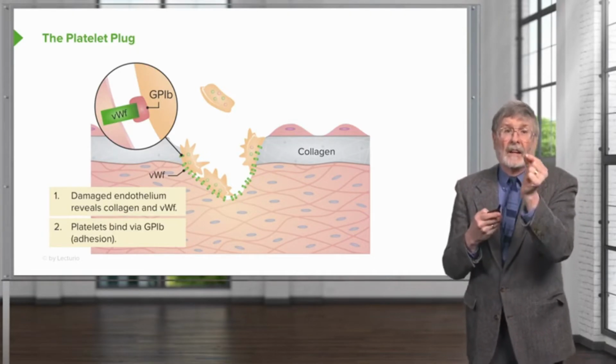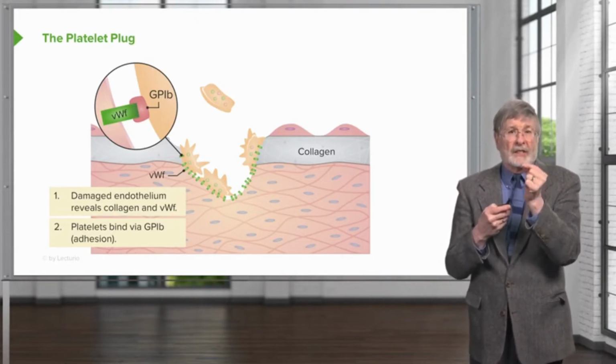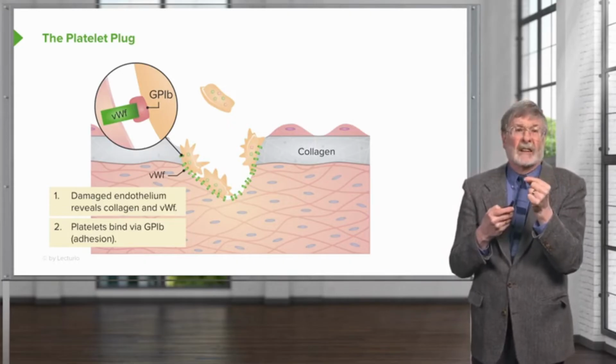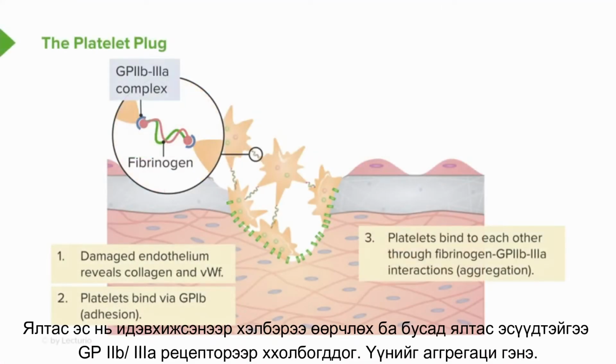In any event, platelets will initially adhere to the von Willebrand factor that's been exposed by losing the endothelium. When the platelets bind to that surface, they undergo a shape change, and they get activated themselves so that they can now interact platelet to platelet through another surface molecule, the glycoprotein 2b3a complex.